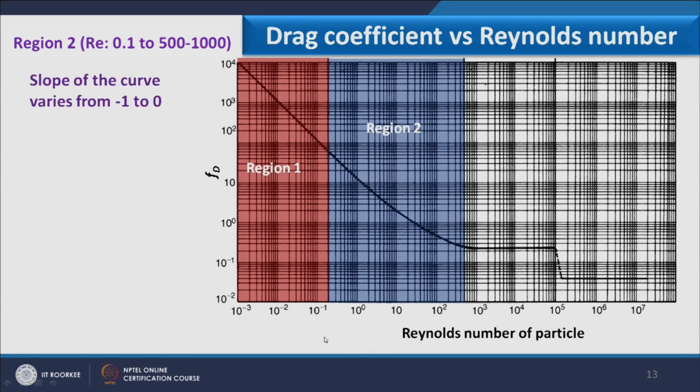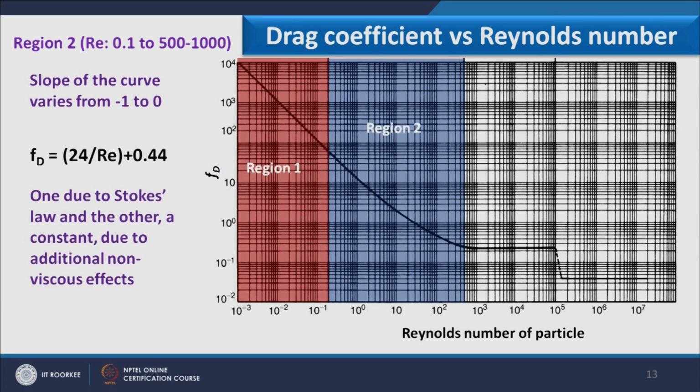So, the slope in this region 2 varies from minus 1 to 0. In this case, the drag coefficient is defined as 24 by Re plus 0.44. The first term of this Fd equation is due to the Stokes law, and the other, that is 0.44, is a constant, and it is due to the additional non-viscous effect.